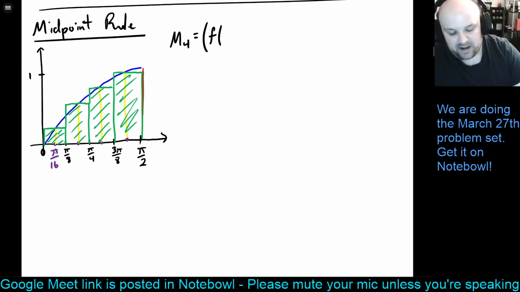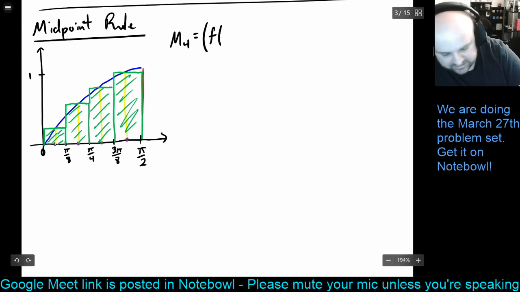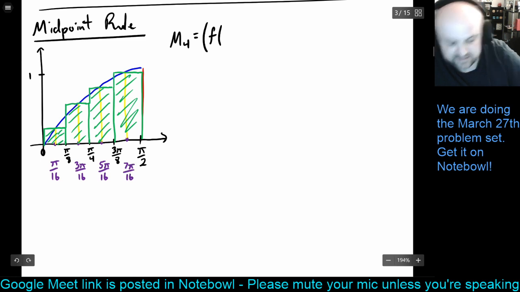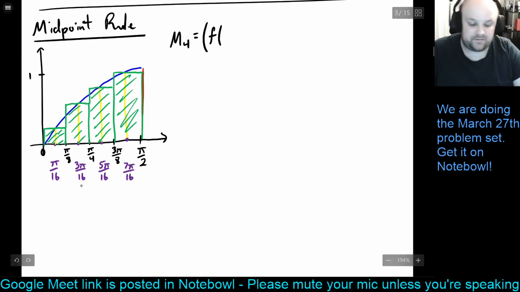So if we add pi over 8 here, maybe let me shift these values down a little bit. This will be pi over 16, that means this is 3 pi over 16, this is 5 pi over 16, and this is 7 pi over 16. Those are the values we plug in for the midpoints.